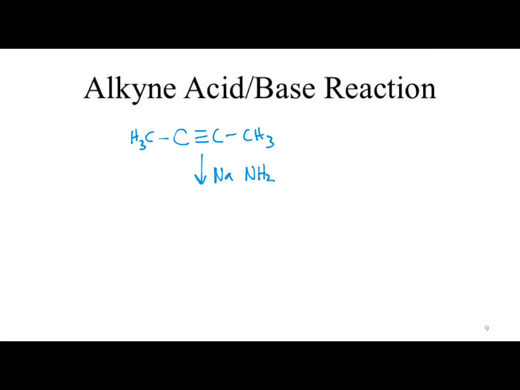Sodium amide is what kind of a compound? Strong base. So what do bases want to react with? Acid. What makes a structure an acid? Has to have hydrogen attached to an electronegative element.